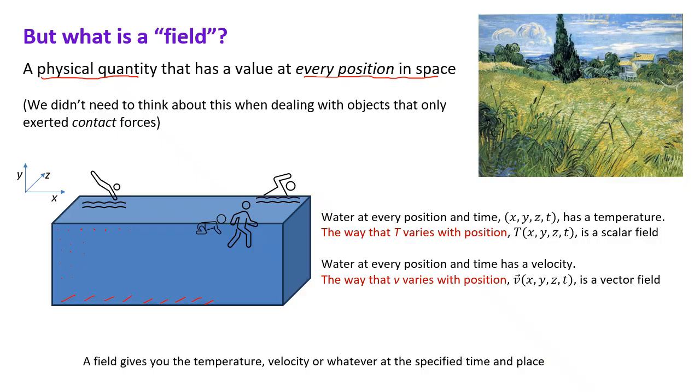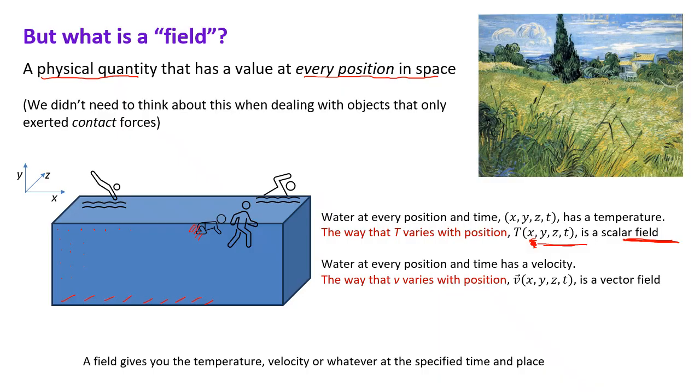In the position, I don't know, in the vicinity of the baby, you might have a very high temperature. But what we have is a temperature which has a value everywhere, and the way it varies with position, and in fact time, is a field. It's just going to be a scalar field because temperature is a scalar.